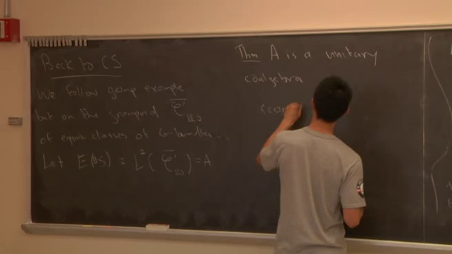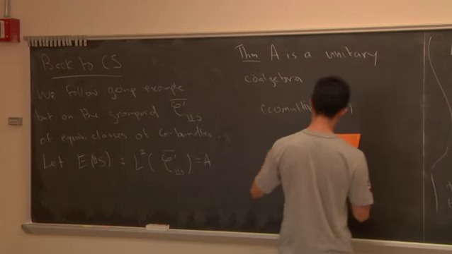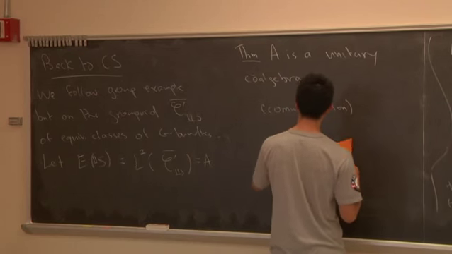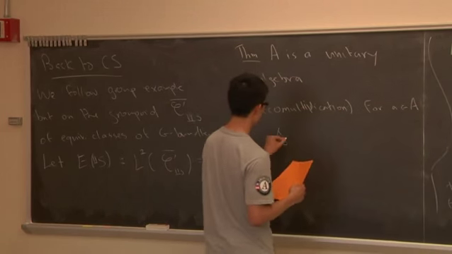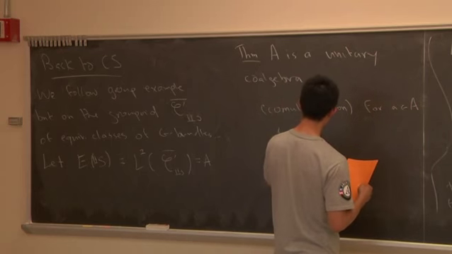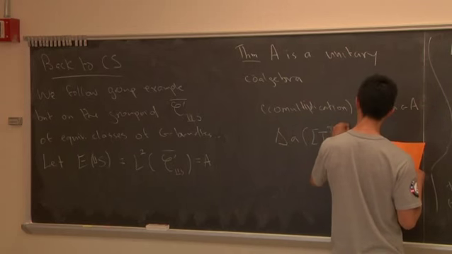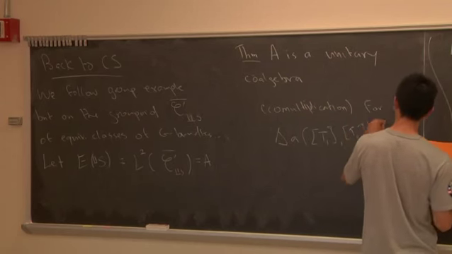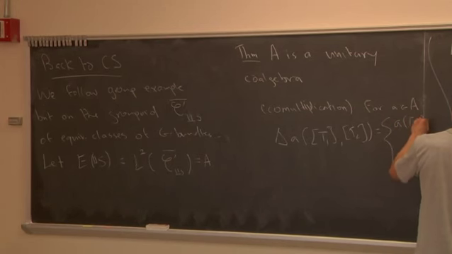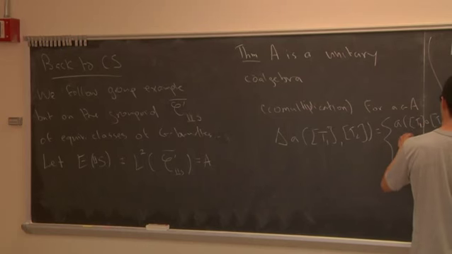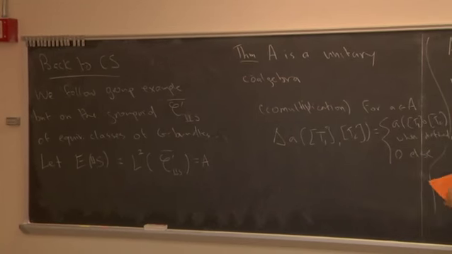What's the co-multiplication? Well, I have A, which is living in here, and I want to know what delta should do to it. Well, it should take in some equivalence classes of bundles over this thing, T2, and it should be A of their composition when defined, and 0 the rest of the time.